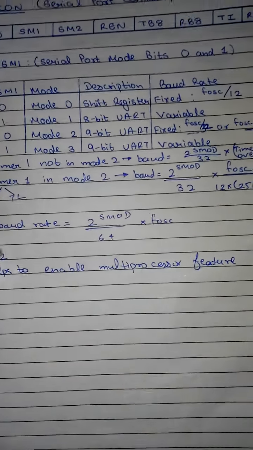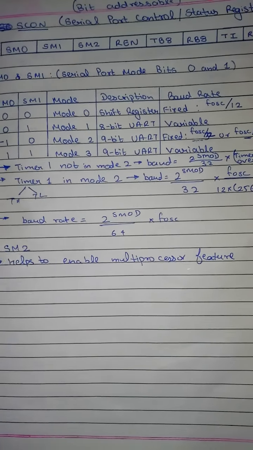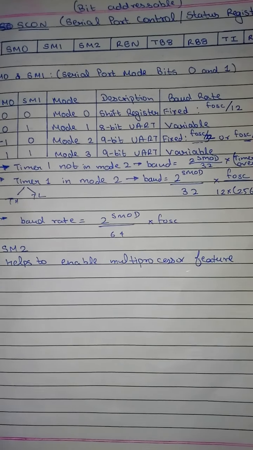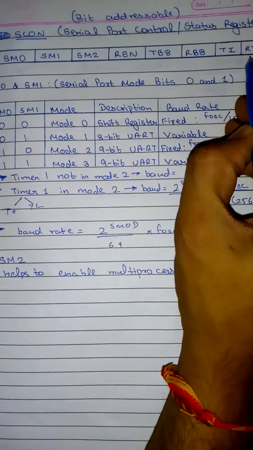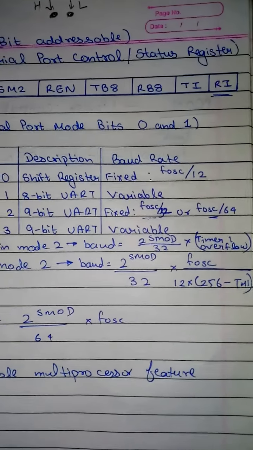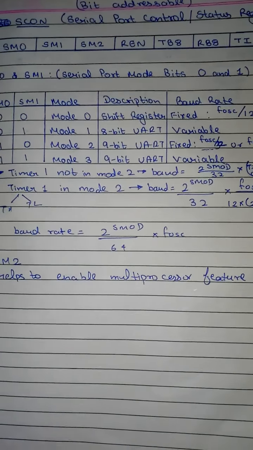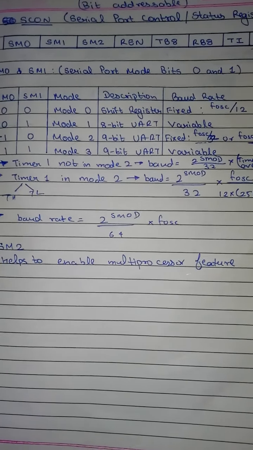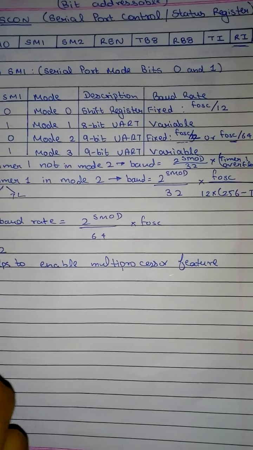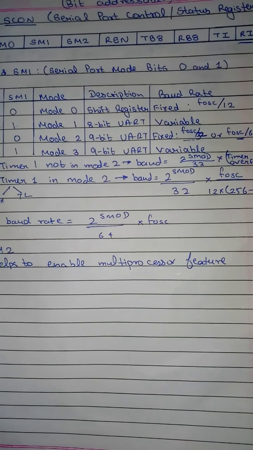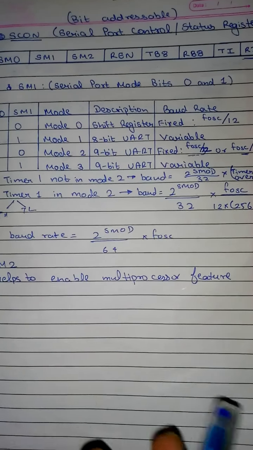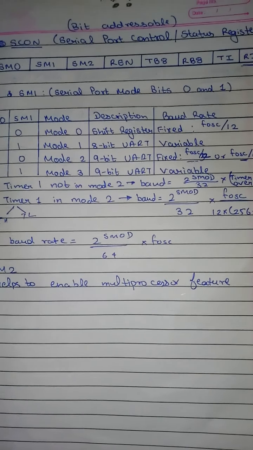Now listen carefully. In mode 2 or mode 3, if SM2 is equal to 1, the RI, that is the receive interrupt, will be 1 when the 9th bit received is 1.